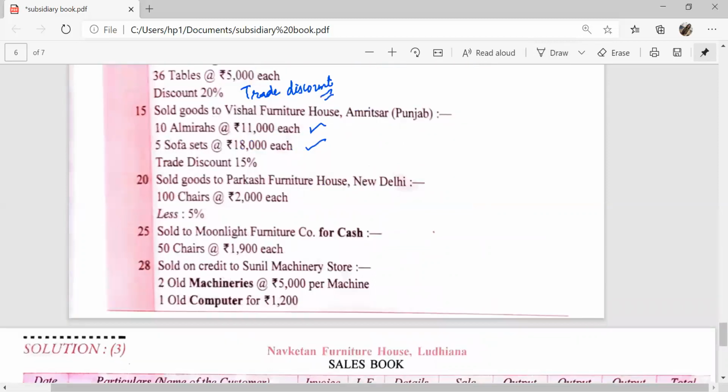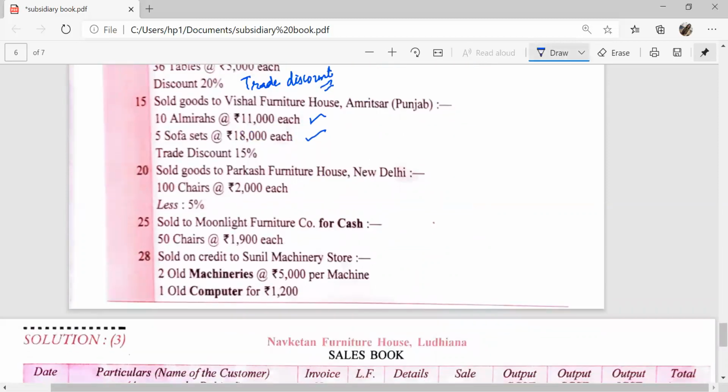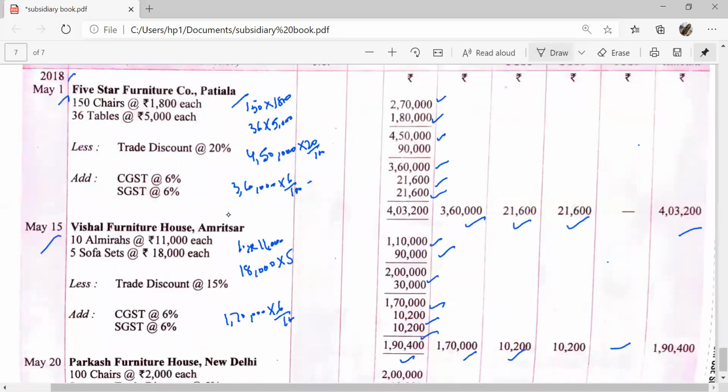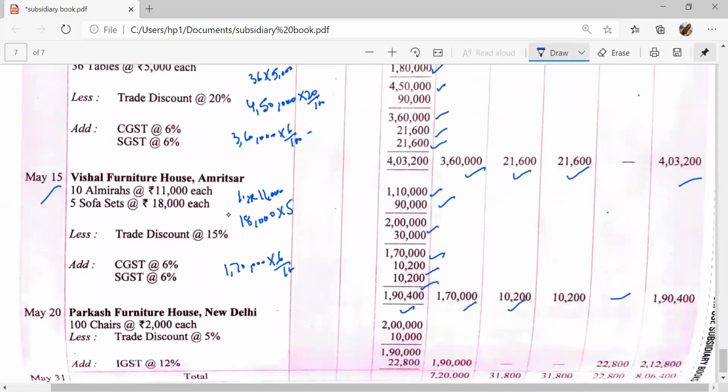May 20th, sold goods to Prakash Furniture House, New Delhi, 100 chairs at the rate of rupees 2,000 less 5% trade discount. 100 into 2,000, 2 lakh, less 5% trade discount. 2 lakh into 5%, 10,000.